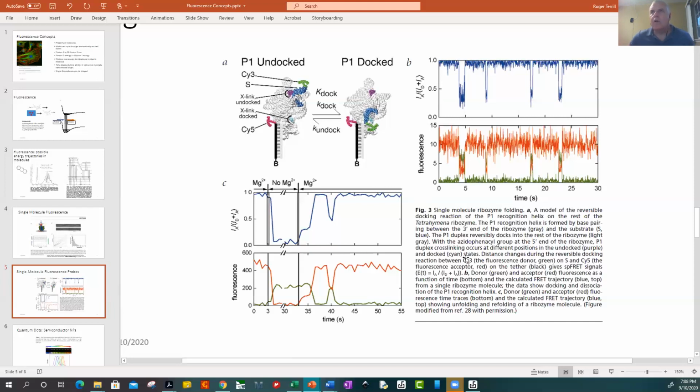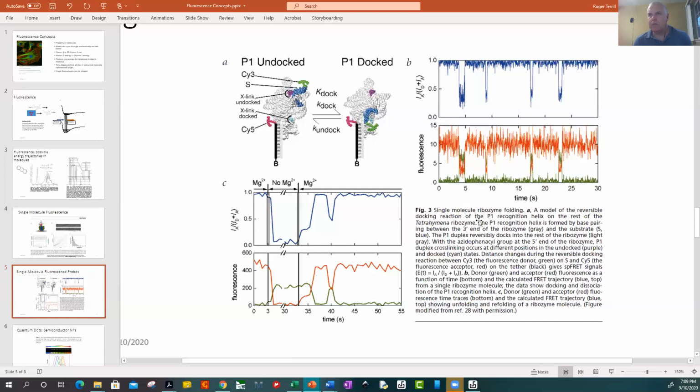Okay, so let's read the caption here. Single molecule ribozyme folding.